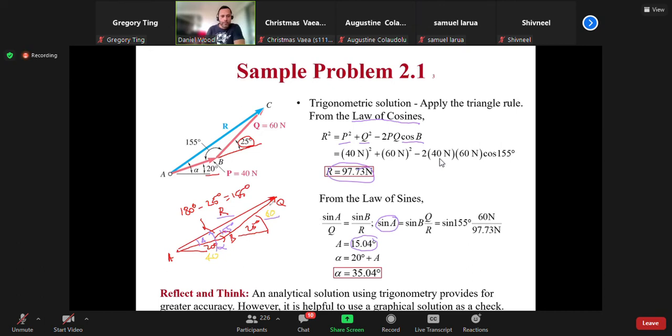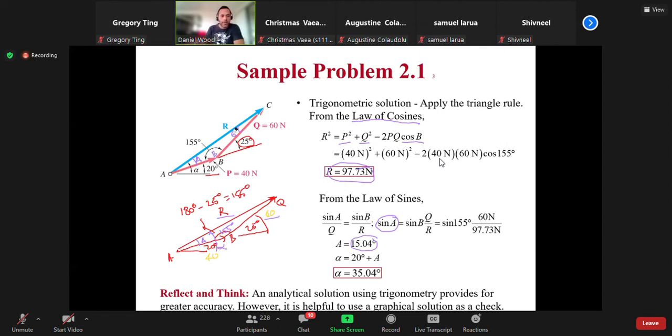So remember, we've got all of this up here, this is the angle A. It's just the internal angle. This is the angle C, and this is the angle B in our triangle.